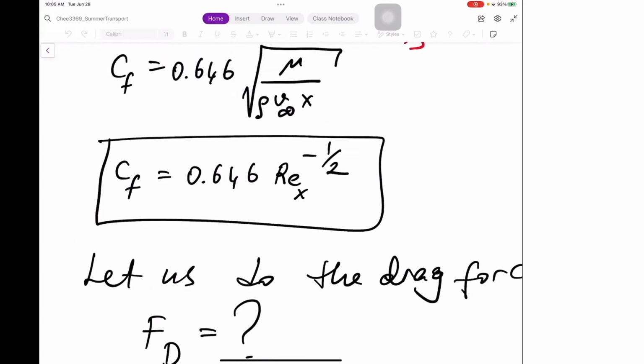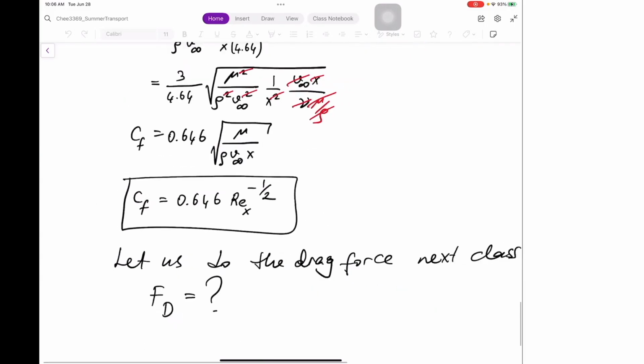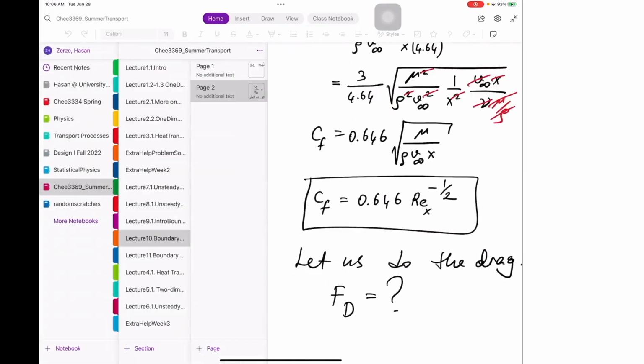So the friction coefficient is changing along the x direction. But you can calculate using integration the total force acting on the objects, or the total force needed to keep the object at that position. So that's going to be a fun activity to do.